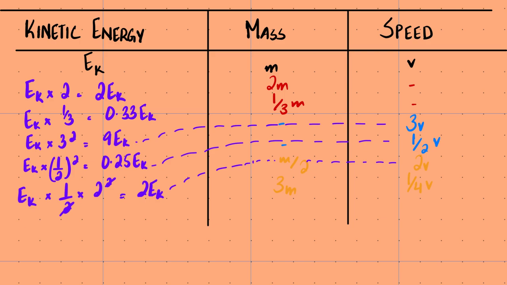Last case then: mass becomes 3 times what it is, speed becomes 1/4 times what it is, so it would become 3 times 1/4 squared, which is 3 over 16, which is 0.1875, or to 2 SF I can write that as 0.19 Ek.